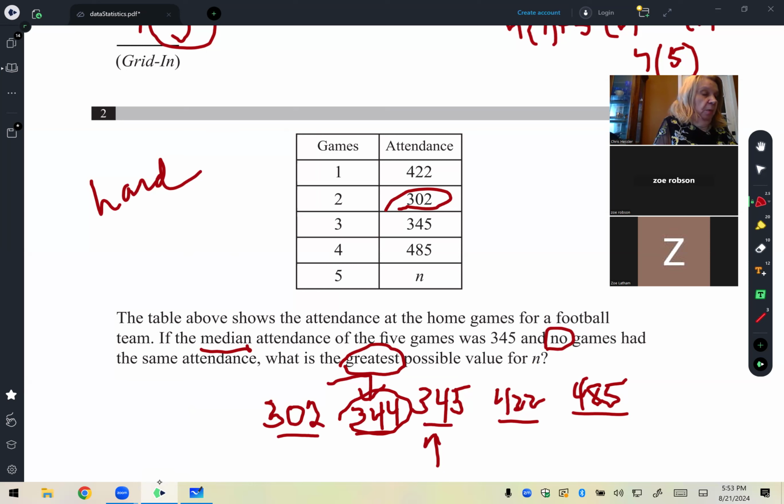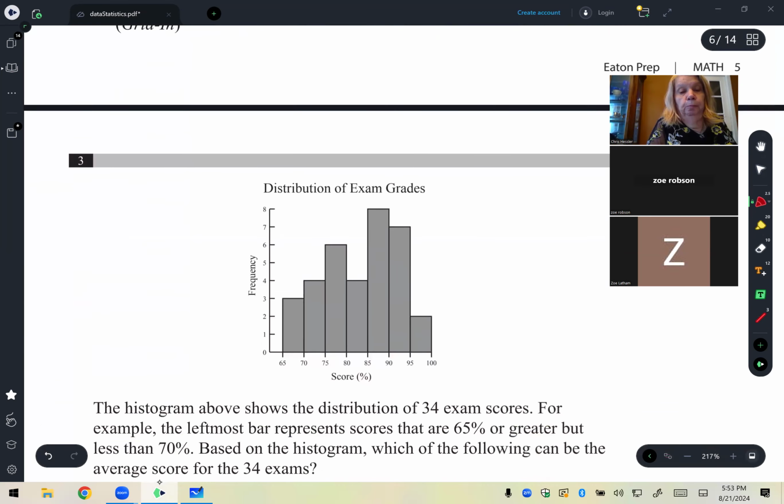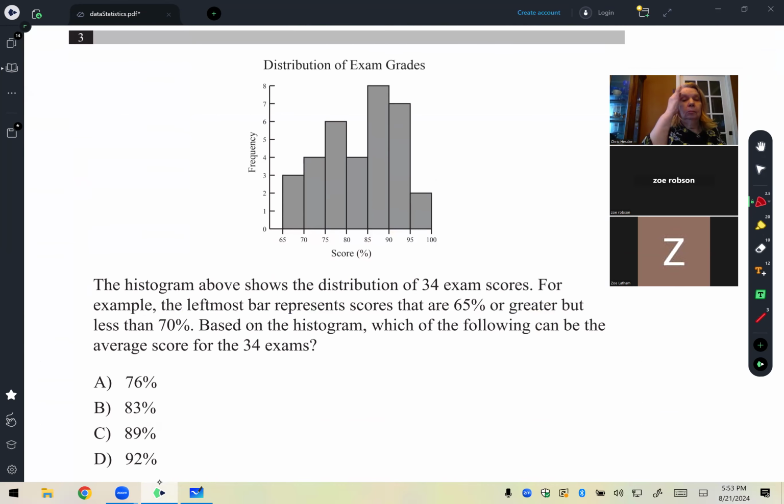All right, next page. Now, if they give you a histogram, like they're doing here, and we want to get the average score, so that's the mean. In the book, it tells us to get the left bar and the right bar, but Jim had an insight.